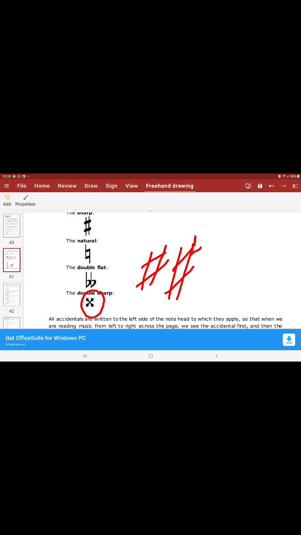So a double sharp will increase the pitch of a note by a whole step, or by a whole tone, that is two semitones.